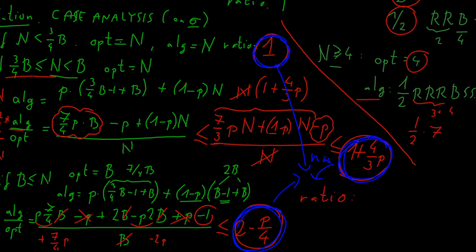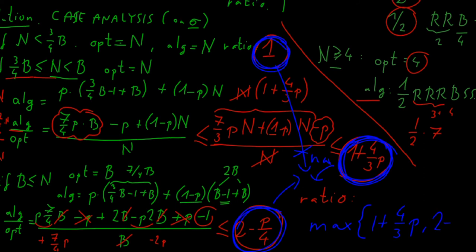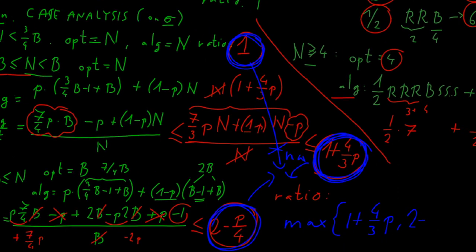Of course 1 plus 4/3 p is larger than 1, so I don't have to take the 1 into account, and the ratio is the maximum of 1 plus 4/3 p and 2 minus p/4, say.